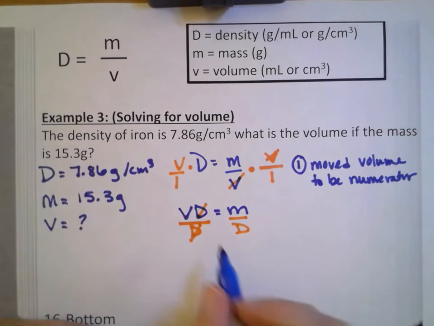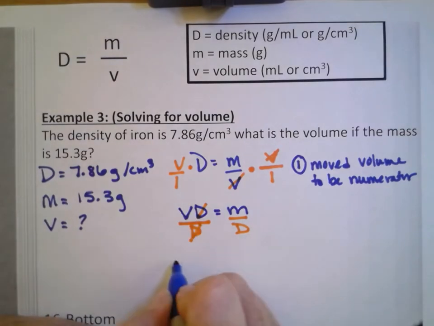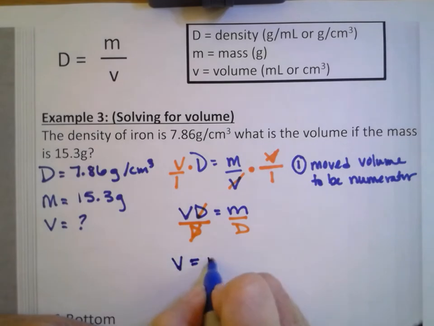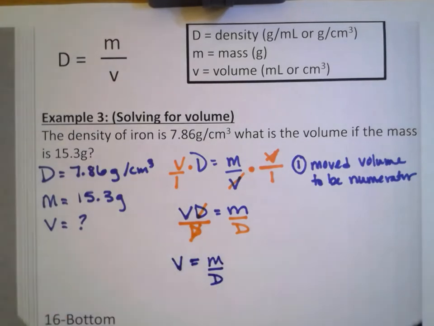Again, this is kind of a mess, so I'm going to rewrite it. So in the end, volume is equal to mass divided by density. The district is only going to provide you with the first arrangement of this formula. So you need to be able to use your algebra skills to rearrange for whatever variable is asked of you.